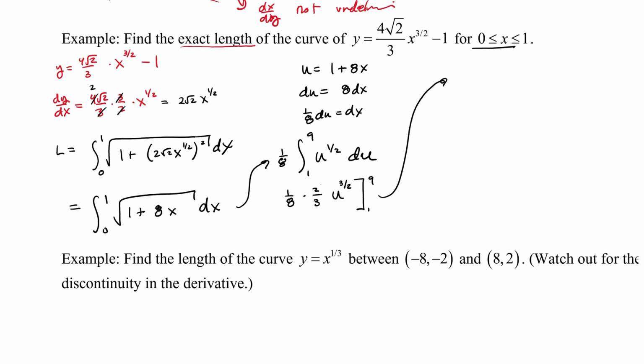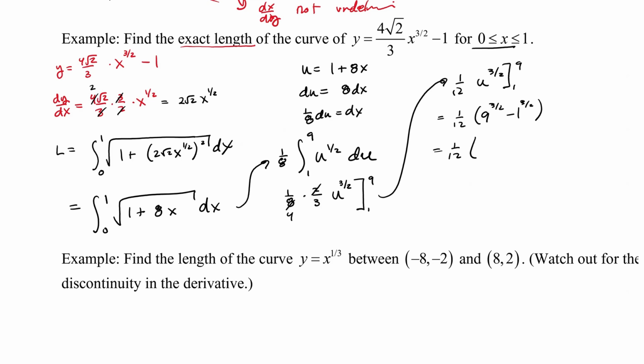So that'll end up being 1/12 u to the 3/2 evaluated from 1 to 9, which is 1/12 times 9 to the 3/2 minus 1 to the 3/2.